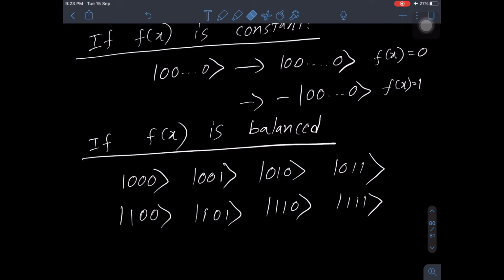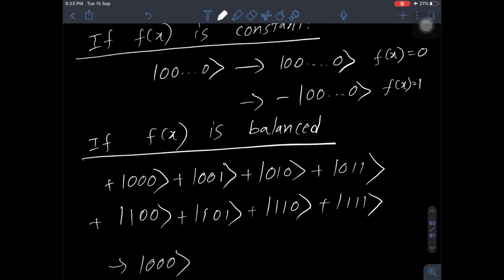Okay, so now if you had a constant function, then for all, if f of x were 0, then you would get pluses for all of them. Then you act on the Hadamard twice, and you get back this state.